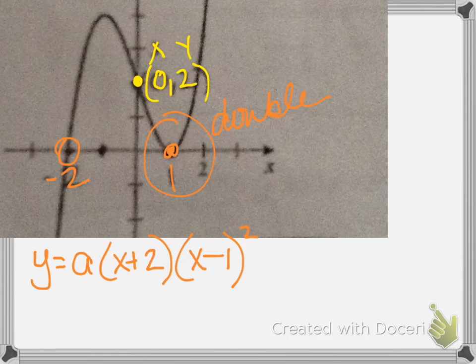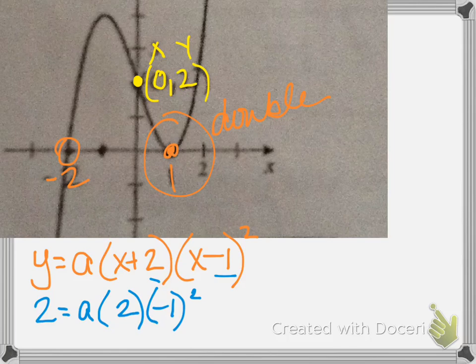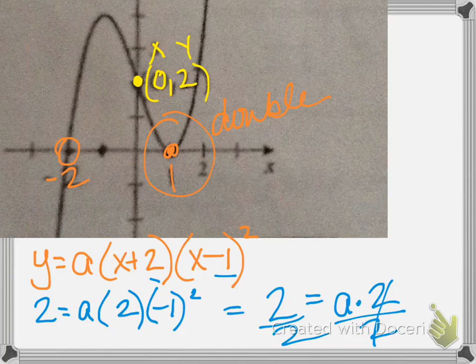Now plugging in a 0 for x just gives me exactly the numbers that are there. So I would get 2 equals a times 2 times -1 squared. -1 squared is +1. So I get 2 times +1, which is 2. So this is 2 equals a times 2, and I divide both sides by 2, so again a is equal to 1.